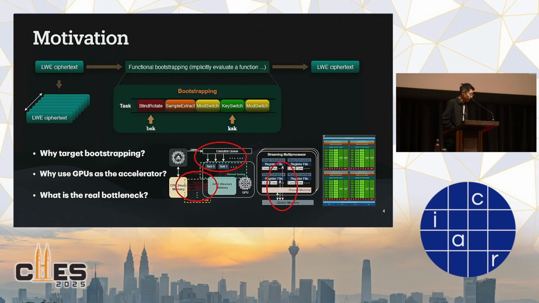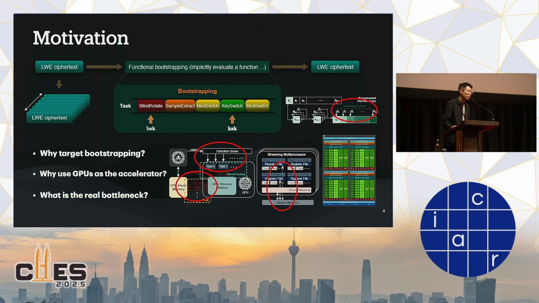And thirdly, it's inside the computation, so it's inside the GPU SM. We need to try to optimize the arithmetic operations for FHE. And it's quite different from CPU because it has a different architecture design. And fourthly, we need to take care of the data access inside the GPU memory.